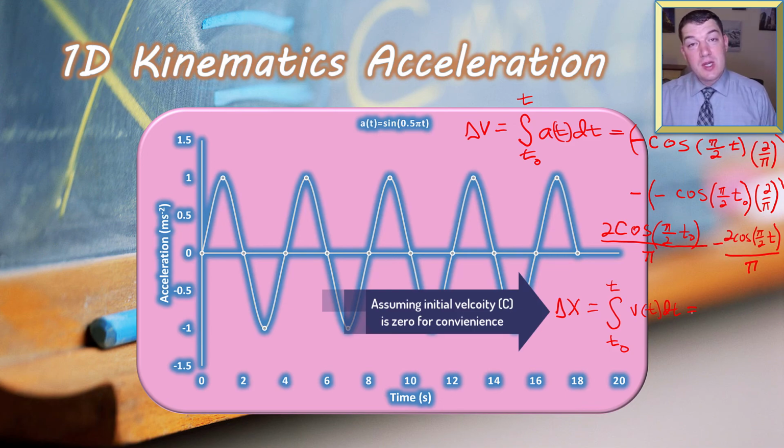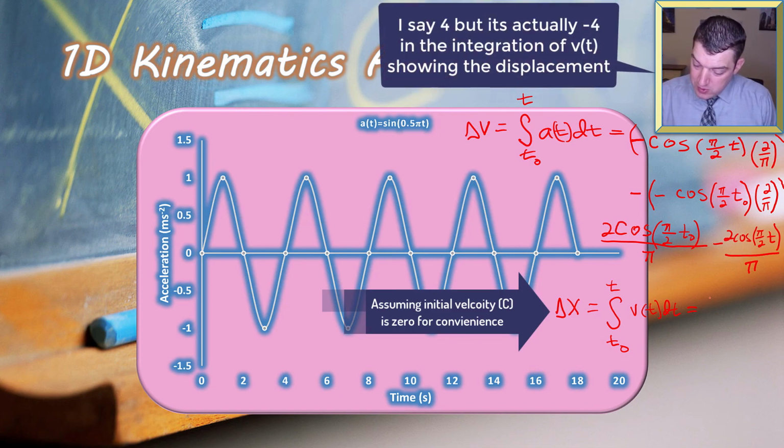And then because it's cosine of pi over 2 times t, we'll end up taking the integral of cosine, which is sine, and then again dividing it by pi over 2, which 2 times 2 will end up being 4 times the sine of pi over 2 times t over pi squared, minus 4 times the sine of pi over 2 times t naught over pi squared.